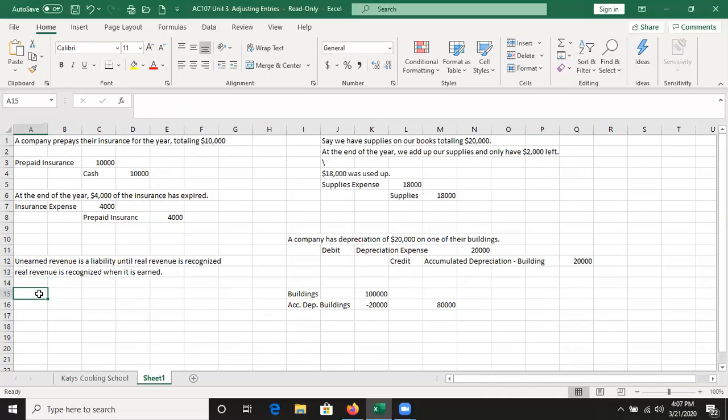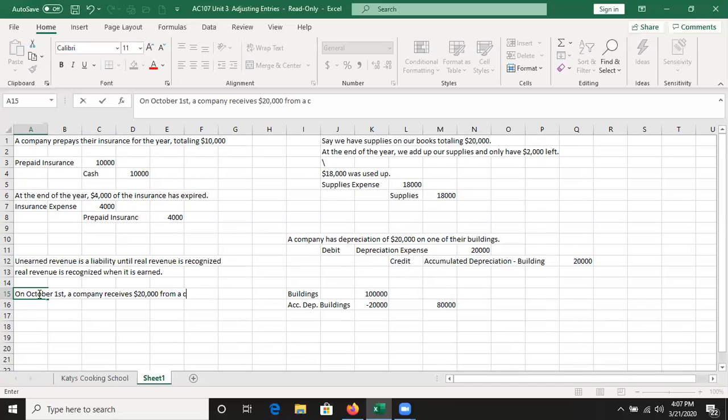So a situation similar to the problem, let's say on October 1st, a company receives $20,000 from a customer. They agree to send the customer goods on December 31st.